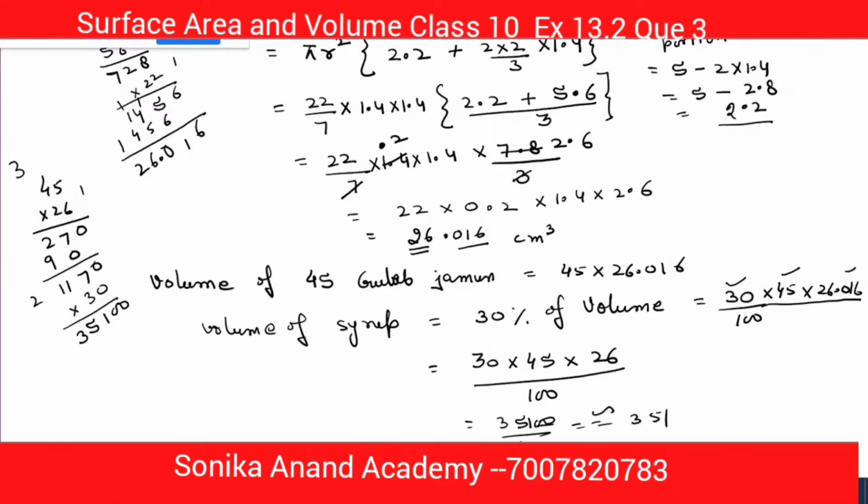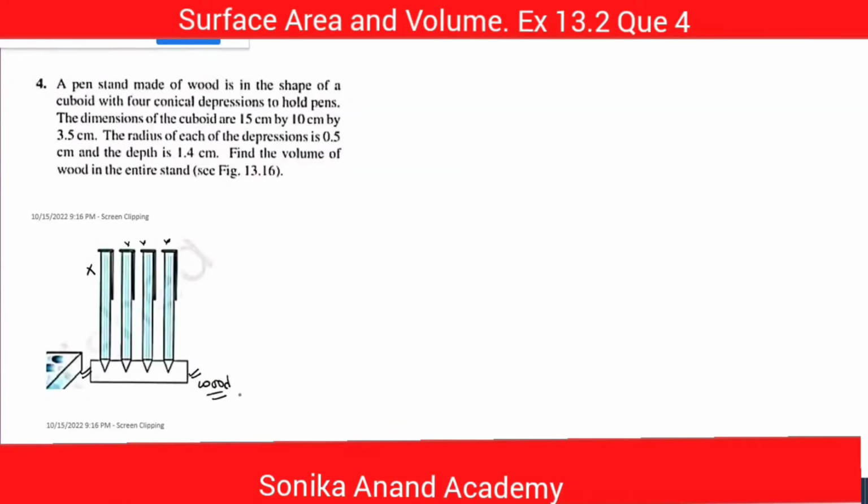Near about 351. Yes. So these answers must be near about. Because if we use wood, which is made up of wood, now in this wooden box there are depressions. That means this wood is cut out from this box. So find the volume of the wood in the entire stand.